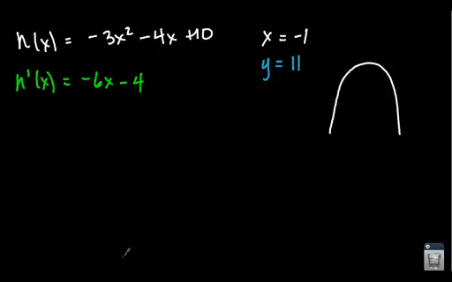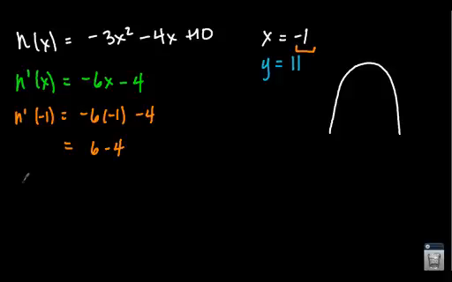Since I'm trying to find the gradient when x is negative 1, I plug negative 1 in here, and this tells me the gradient of my tangent line. So I get 2 minus 4. So the derivative at negative 1 is negative 2. That means for my tangent line, my slope is negative 2.